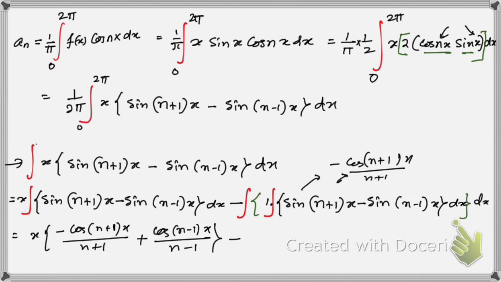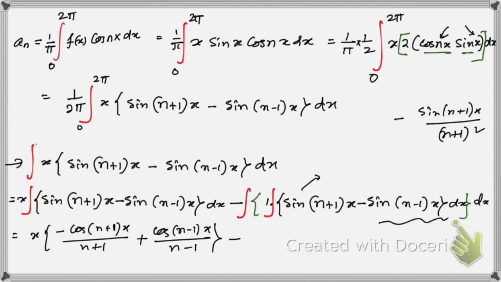Once you have got this, and again if you integrate this, then you will get minus sine n plus 1 x by n plus 1 whole square. That's what you're gonna get. In the next term, this minus will be plus, right? On integrating once, you're gonna get cos n minus 1 by n minus 1 whole square, right? Sorry, sine, you should get sine. Let me show you how.